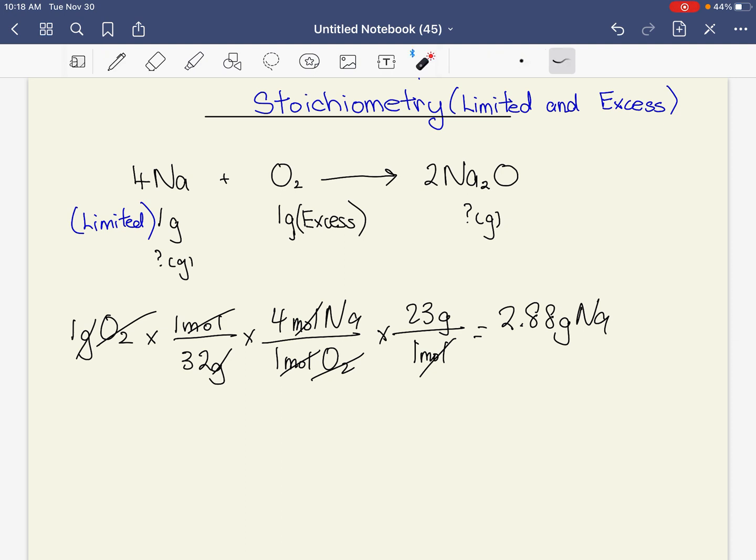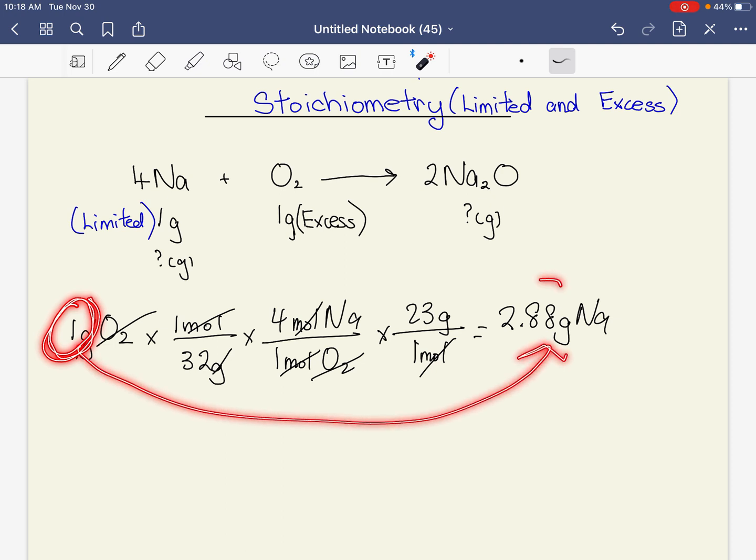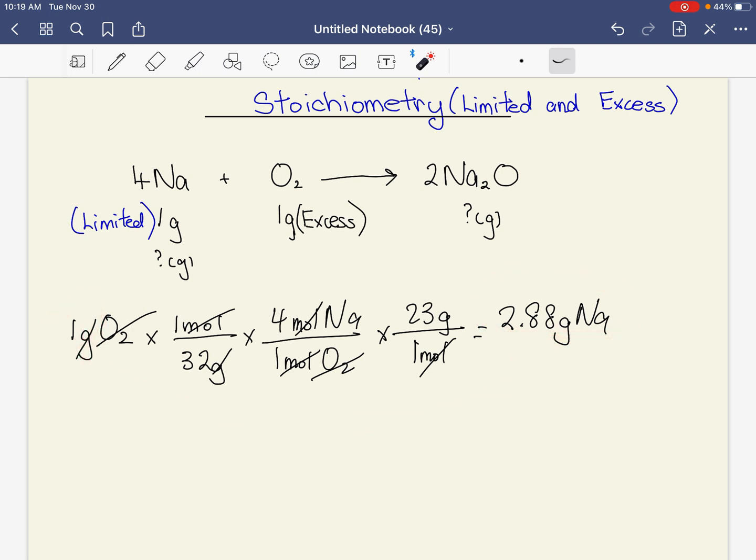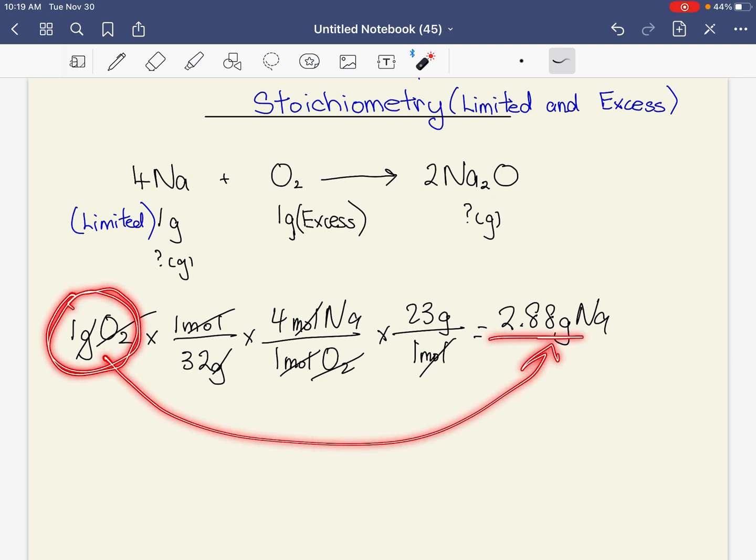So let's interpret this answer. That means if you're going to react all 1 gram of oxygen, you need at least 2.88 grams of sodium. Let me say that again. 1 gram of oxygen will require 2.88 grams of sodium. Am I given enough sodium?